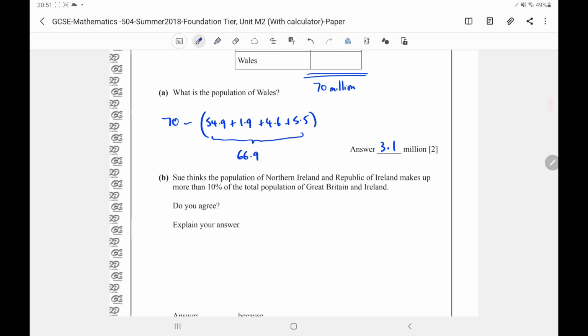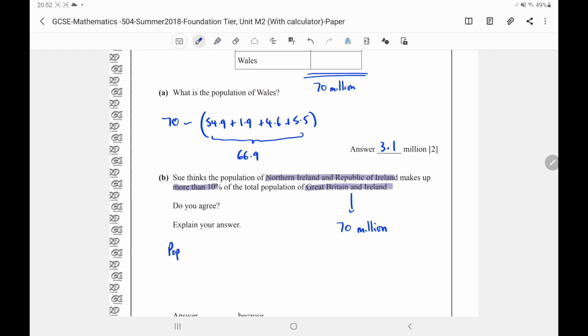Now, Sue thinks the population of Northern Ireland and Republic of Ireland makes up more than 10% of the total population of Great Britain and Ireland. So she thinks that together these two make up more than 10% of the total. The total for Great Britain and Ireland, we've been told, is 70 million.